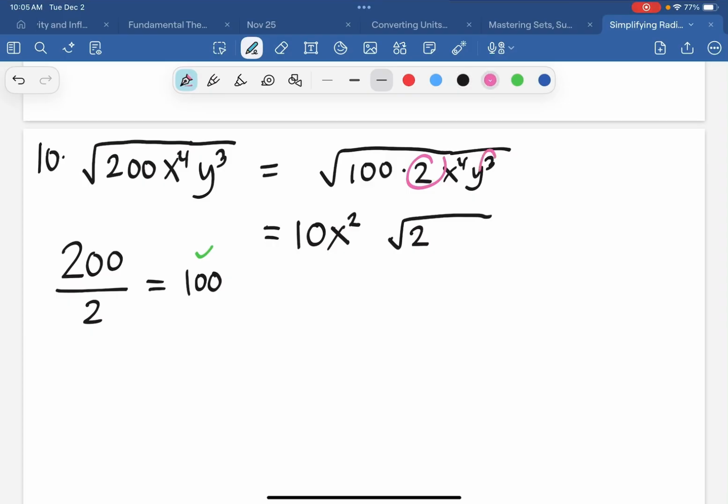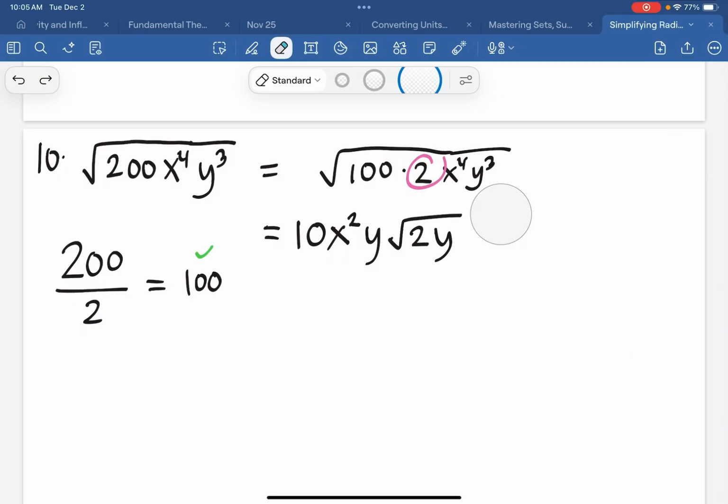And then 3 divided by 2 has a whole number quotient of 1, so we get y, and then a remainder of 1, so we get y raised to 1, or just y. So based on this, our answer is 10x squared y square root of 2y.